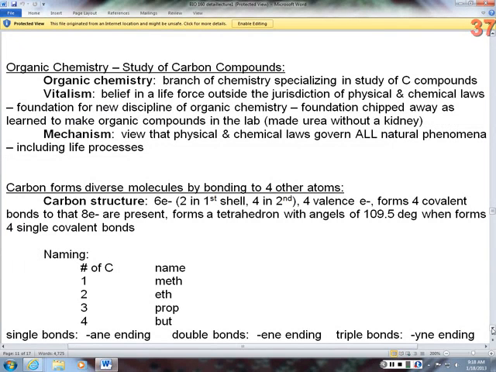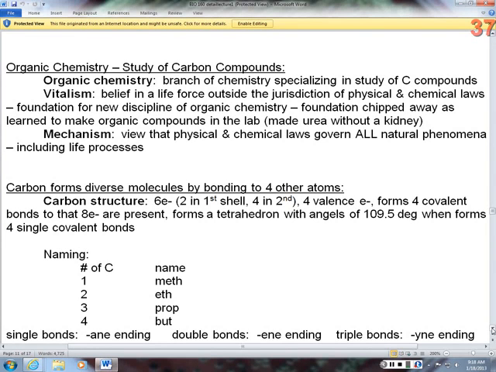This idea of vitalism is a belief in a life force outside the jurisdiction of physical and chemical laws. Years ago, vitalism was the foundation for the new discipline of organic chemistry. As they started to understand things, vitalism got chipped away at as they were able to make organic compounds in the lab.